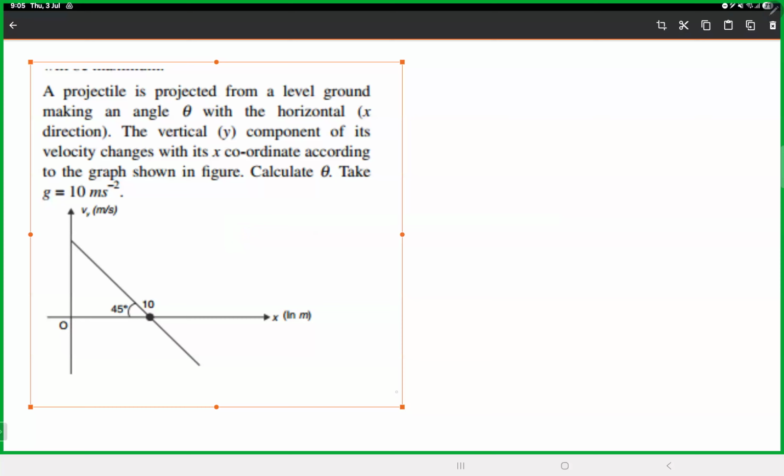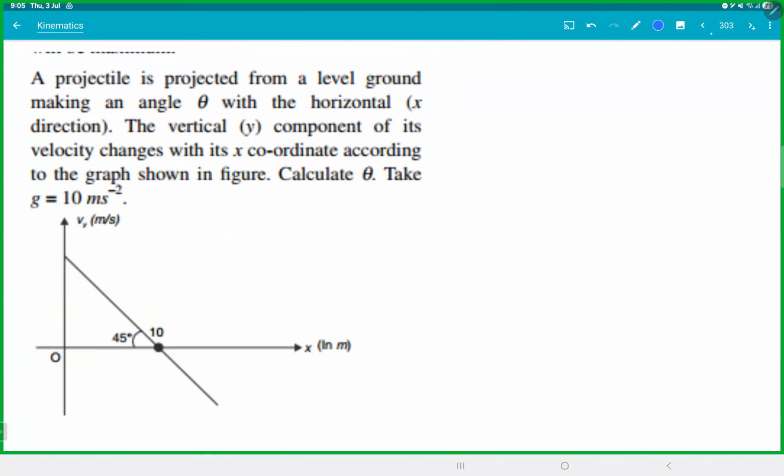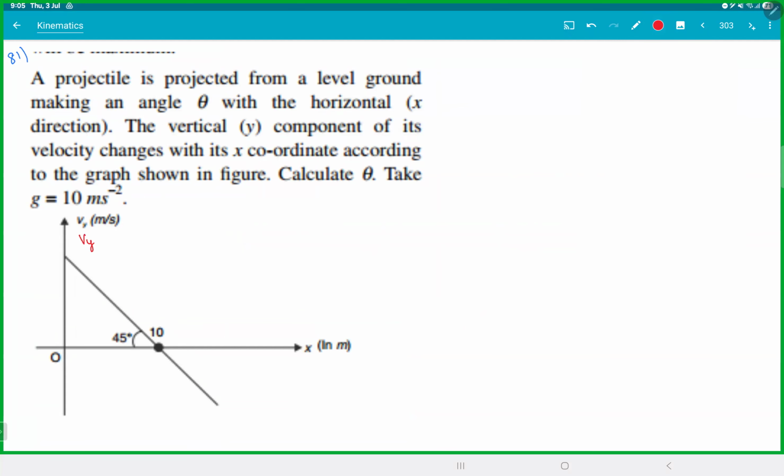You can also bring questions in the projectile motion graph. Look at this thing. A particle is projected from a level ground making an angle theta. The vertical component Vy changes with the x coordinate. So this is a graph between Vy versus x coordinate. He is asking to calculate theta, the angle of projection.